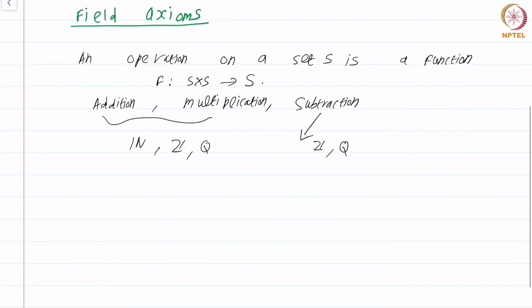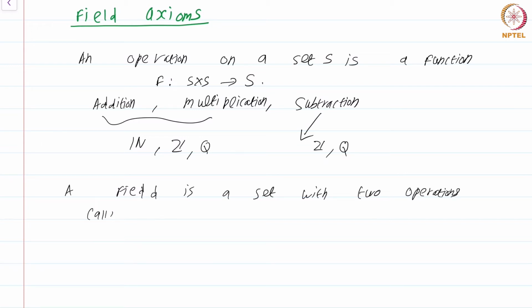Okay. So a field is a set with two operations called addition and multiplication, which satisfy all the familiar algebraic properties.